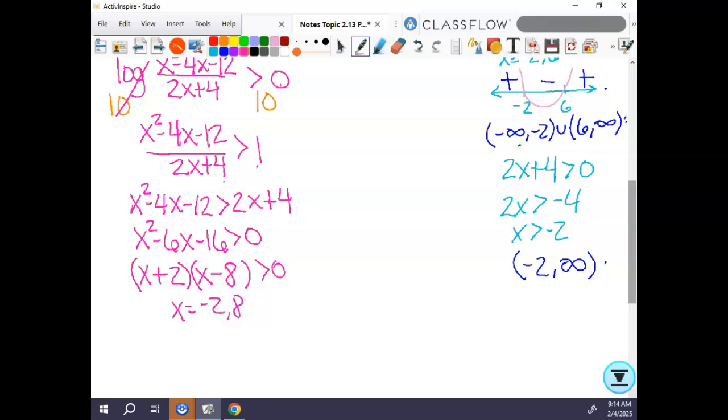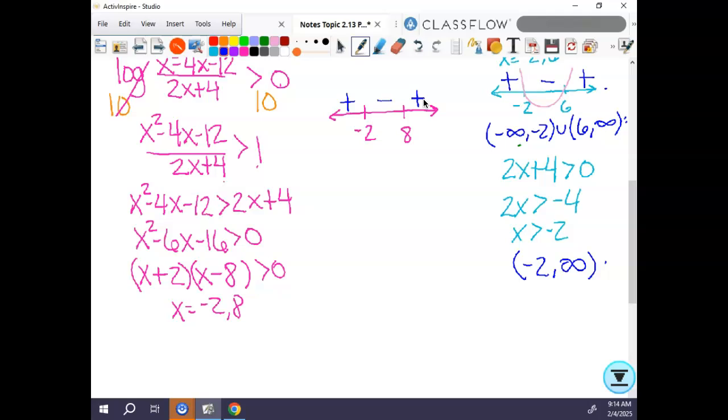So I'm going to move over here, do my new number line. Negative 2 and 8. Well, guess what? That's a quadratic also. It is a quadratic with a positive leading coefficient, so it opens up. That means that this is positive, negative, positive.